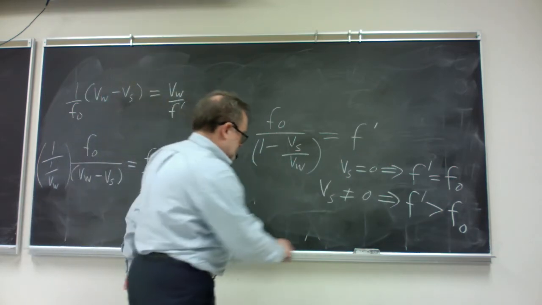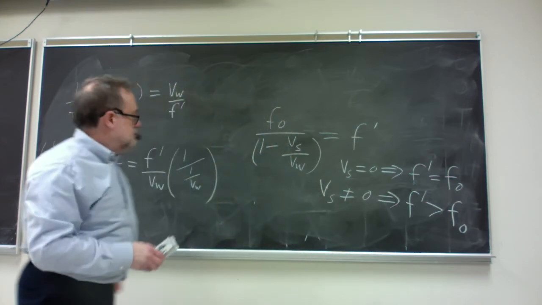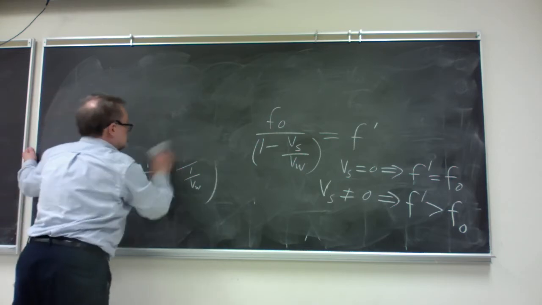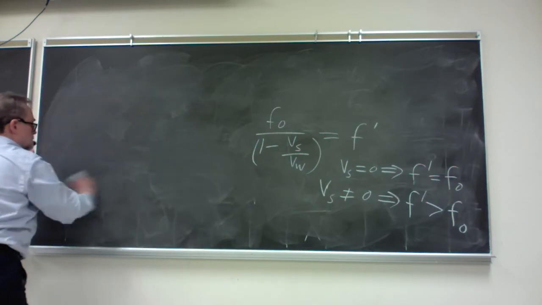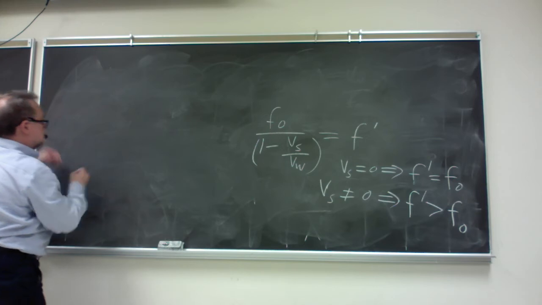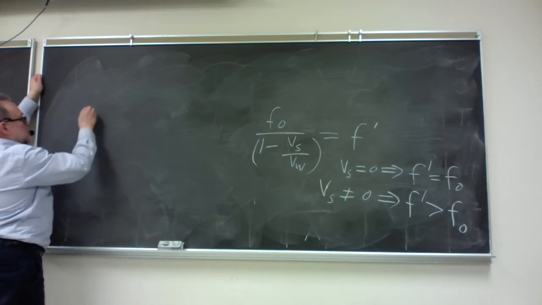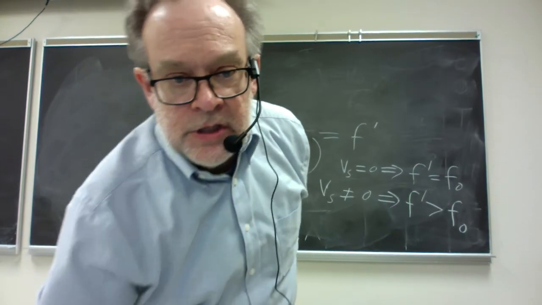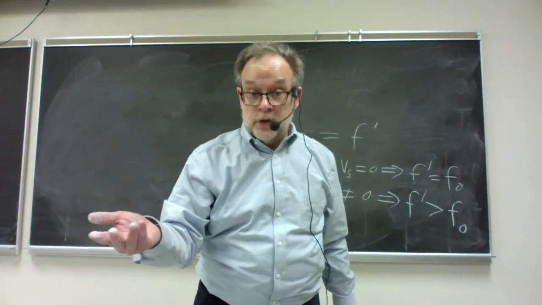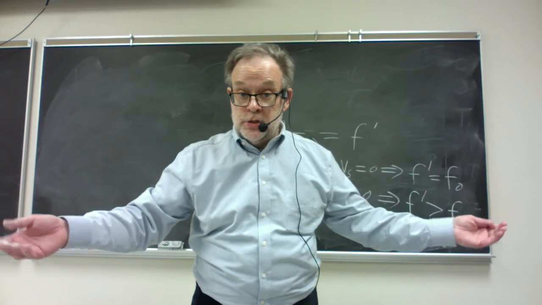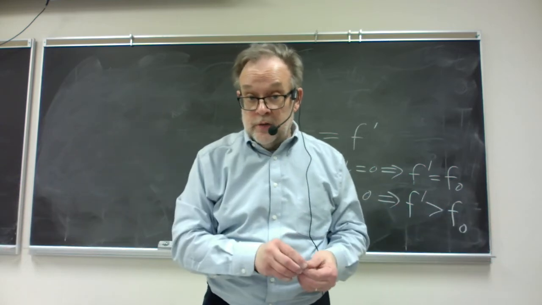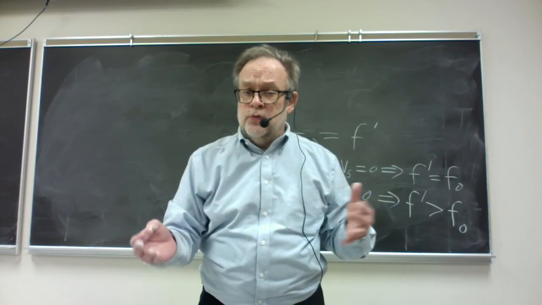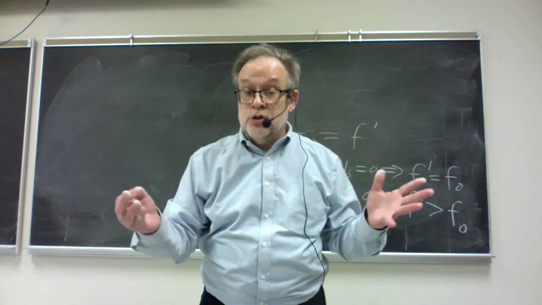Let's look at one other thing here to give you something to think about. Let's imagine you're listening to some sound coming from a moving source. You're standing still and the source is moving, so it's just like what I've been talking about here. And as time goes by, you hear that frequency change a little bit.